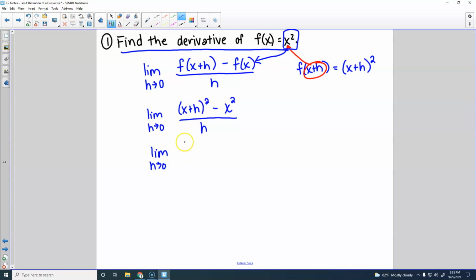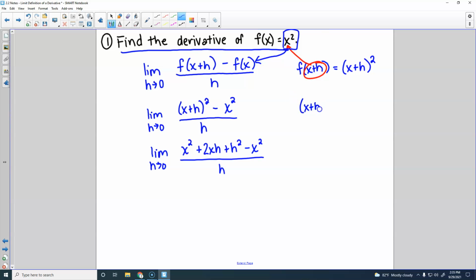If we square, double, square here, square the first, you get x squared. x times h is xh, times 2 is 2xh, and then h squared, minus x squared, over h. Are we okay with square, double, square?